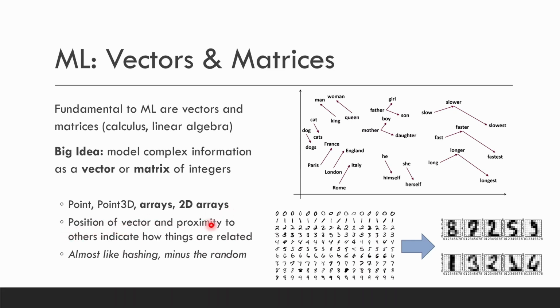Oftentimes, the position of a vector and the proximity to other vectors indicate how those two things are semantically related. It's kind of like hashing in that we can translate meaning into a set of numbers without the randomness. So we do want these vectors to be predictable in a certain way.